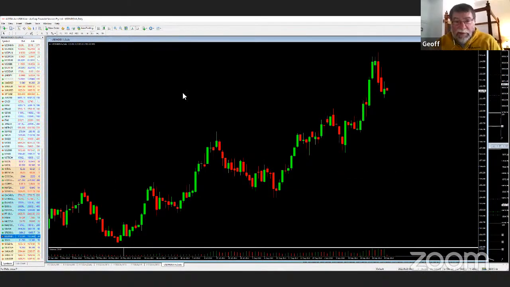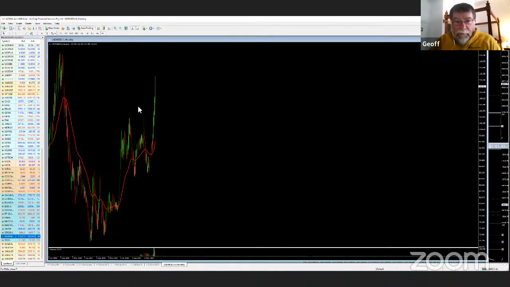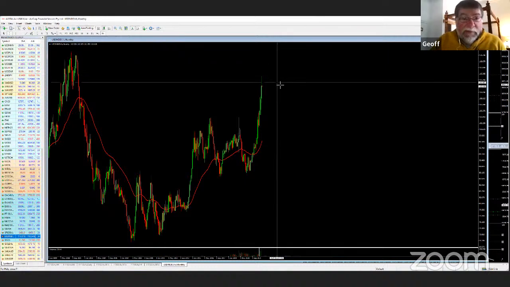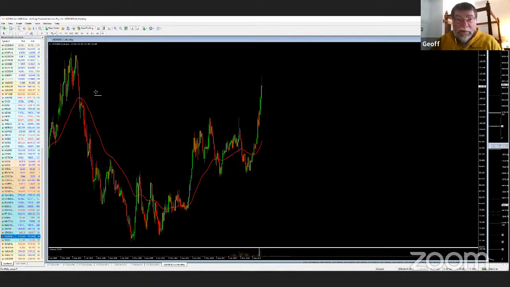If you go to the monthly on the dollar and go as wide as you can, you'll see the level that, to my mind, it just can't skip through. This is the level we spoke about a couple of weeks ago, and it's struggling its butt off to get through that level. But if it did, it brings those highs in, and that's going to be an issue for the pound because I'm bearish the pound.